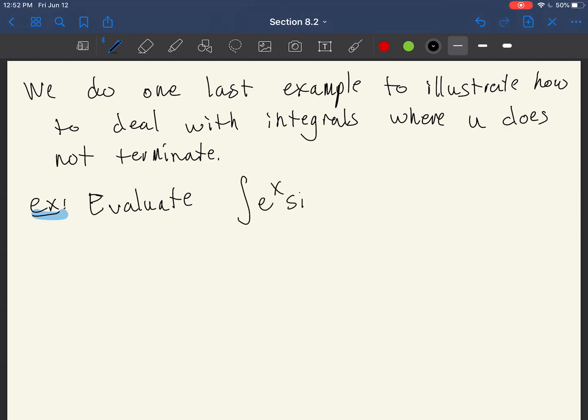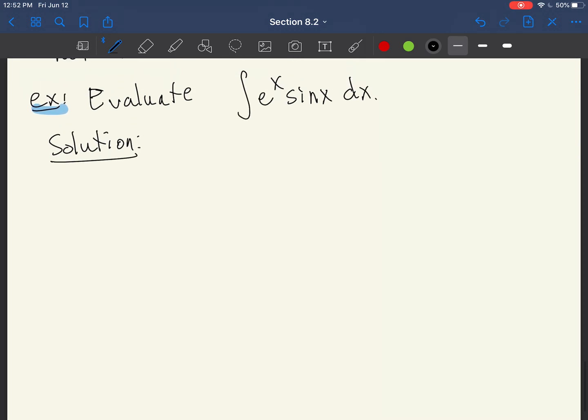So, evaluate the integral e to the x sine x dx. First off, I'm going to label this integral I, so I don't have to keep writing this integral again. We have a product of two functions, so we use integration by parts.